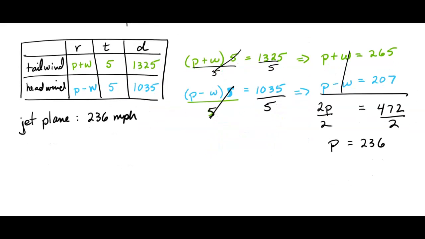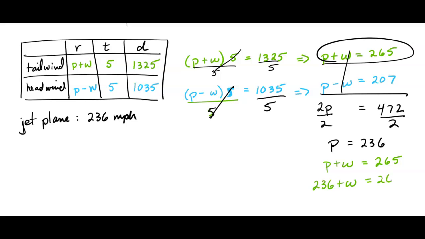You could take this green equation, P plus W equals 265, a nice friendly one, and put in the rate of the plane: 236 plus W equals 265. Subtract the 236, and the wind is 29 miles an hour.